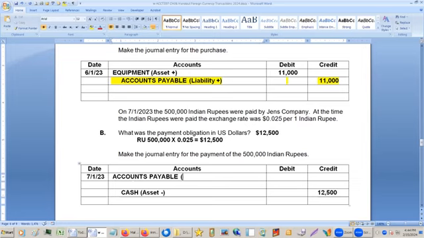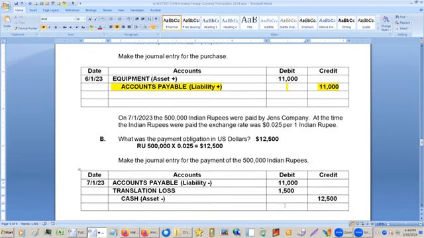So liability going down. Now pay it off. What else do we need? Translation loss, 1,500.